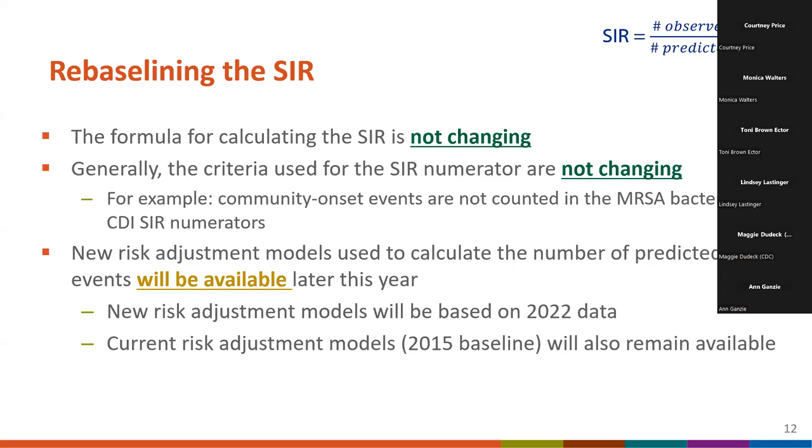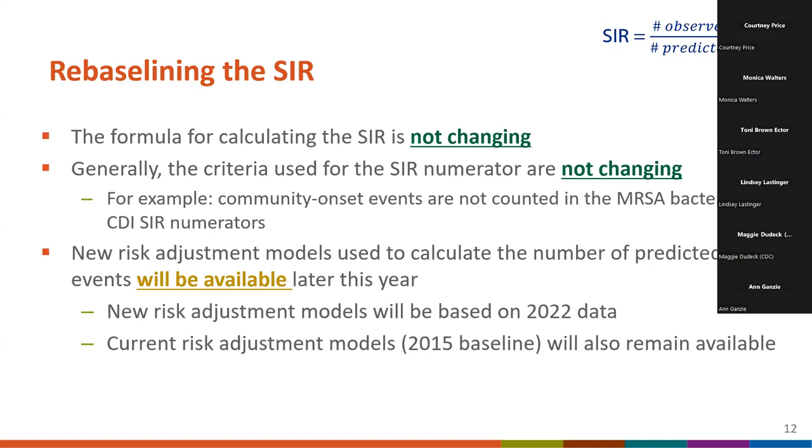However, what will be new for the SIR is the way that we calculate the SIR denominator, the number of predicted HAIs. After the 2022 baseline is implemented in NHSN later this year, users will have the option to run their SIR reports using updated risk adjustment models that were created from that 2022 baseline data. But it's really important to understand that the current SIR reports that use the 2015 risk adjustment models and the 2015 baseline are not going anywhere.